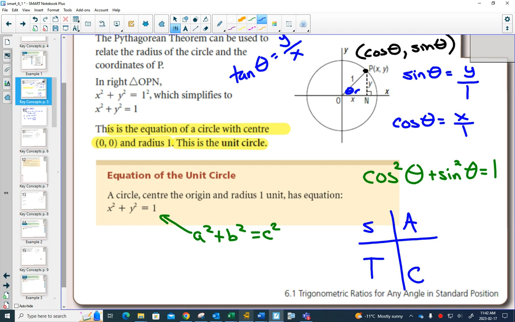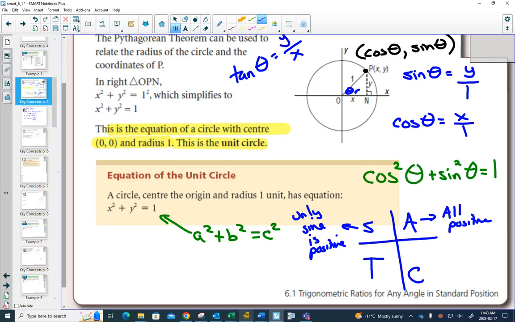The CAST rule says that all are positive. That's what the A stands for. When you get to a letter, the letter says only sine is positive in quadrant 2. That's what your CAST rule told you, where things are positive and where things are negative.